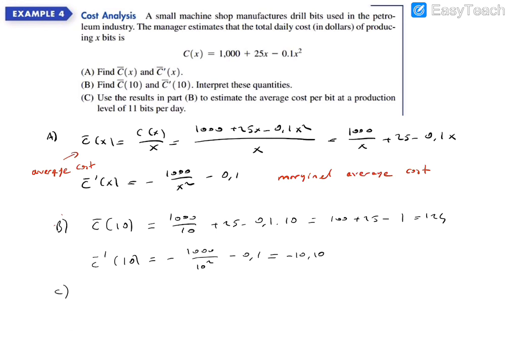So let's interpret C. Use the result in part B to estimate the average cost per bit. So this is the mathematical meaning of the marginal average cost. So use the result in part B to estimate the average cost per bit at a production level of 11 bits per day. Okay.